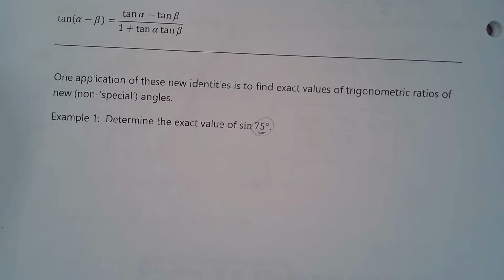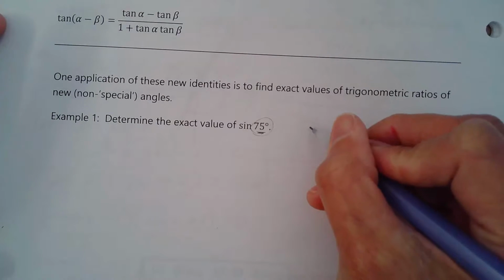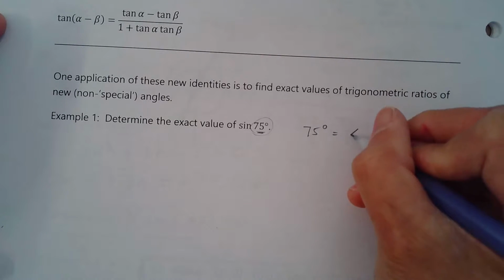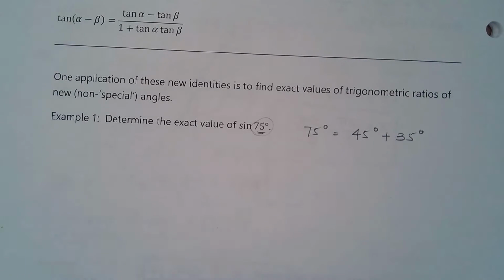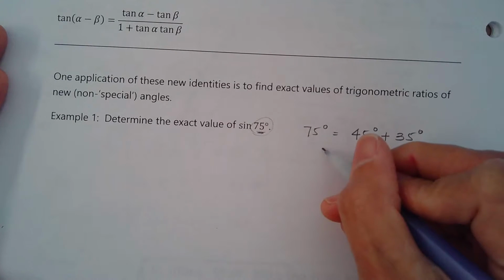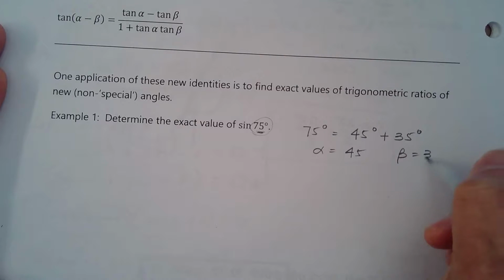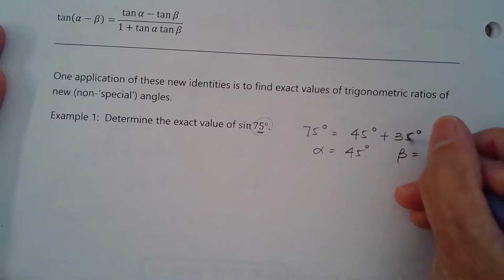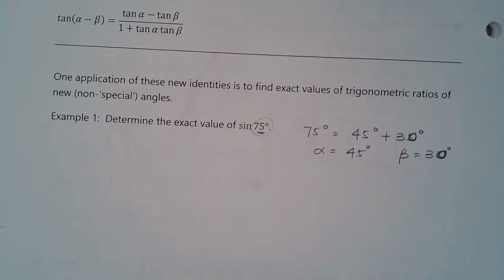45 and 30. Okay, so let's break up the 75 degrees. That's gonna be 45 degrees plus 30 degrees, right? So we can call alpha 45, beta is 30.